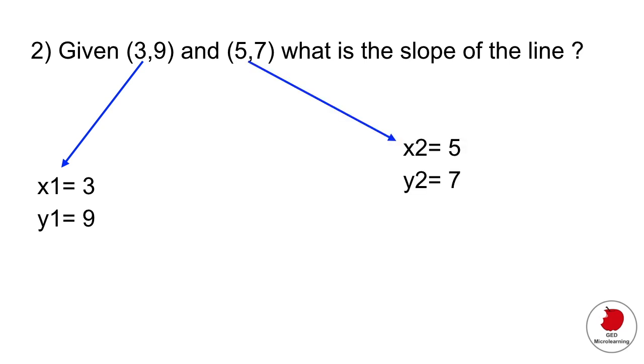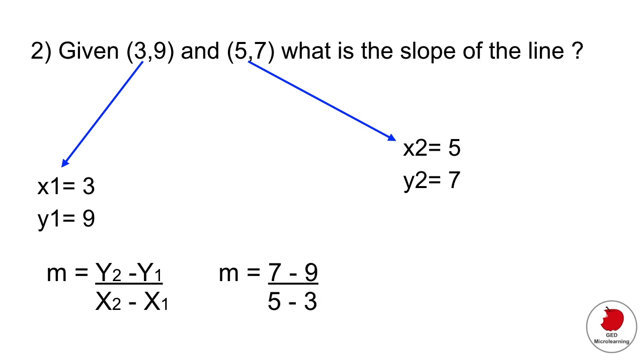And if we do the same thing with the second set of numbers, x2 will be 5 and y2 will be 7. So with this knowledge, now it's very easy. All you have to do is take those numbers and plug them into this formula like this, and that will give you m equals -2 divided by 2, which ultimately gives you -1.